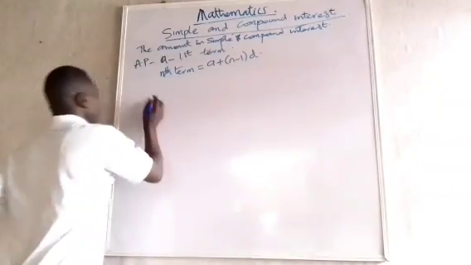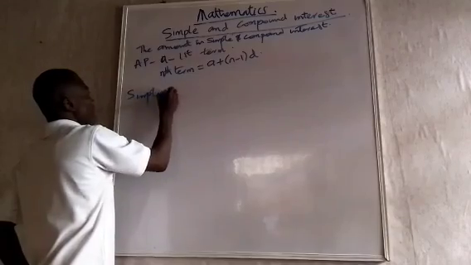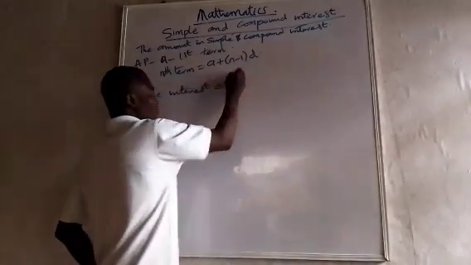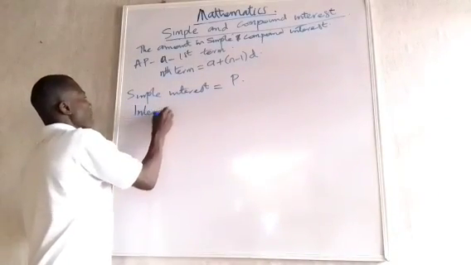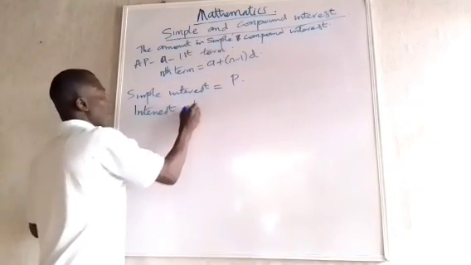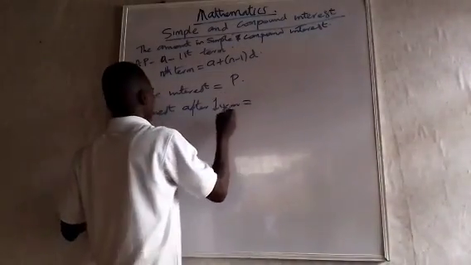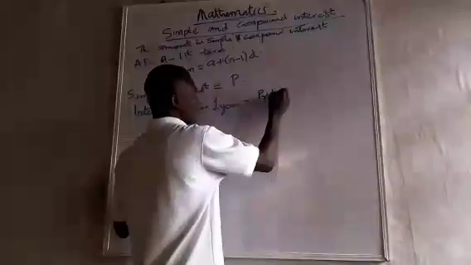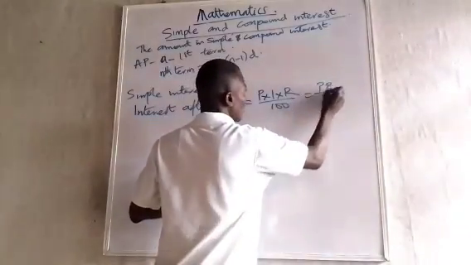If the principal in AP, in simple interest, is equal to P, you can see the interest after 1 year will be equal to principal times 1 times rate over 100, which is PR over 100.